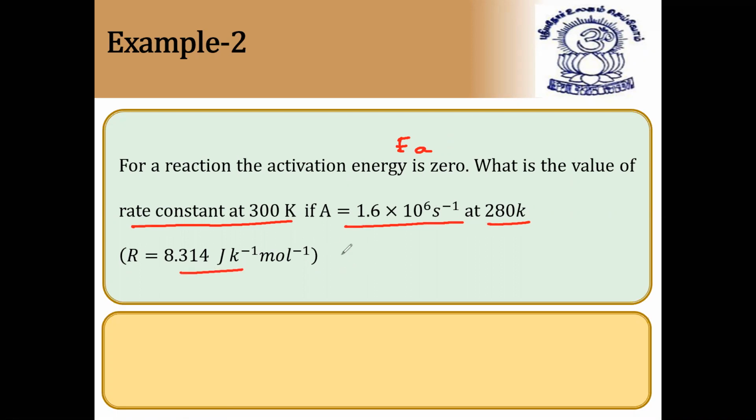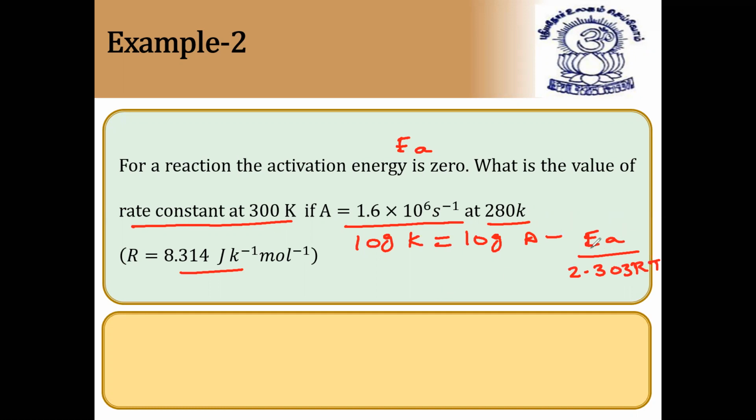So from the equation we also know that the relation between the Arrhenius constant and the rate constant is log K is equal to log A minus EA by 2.303 RT.